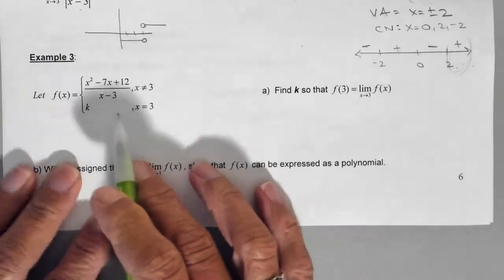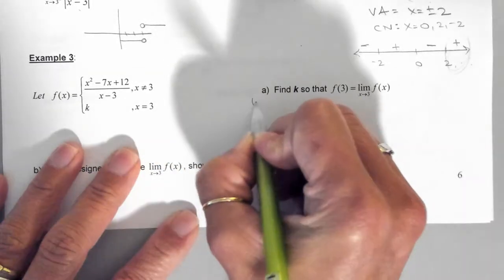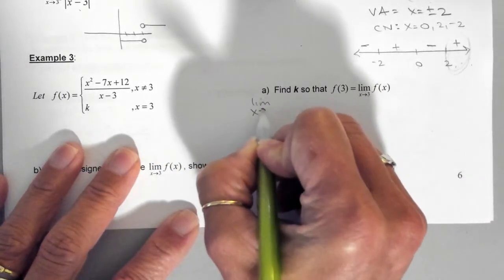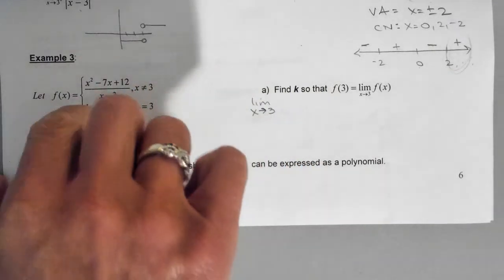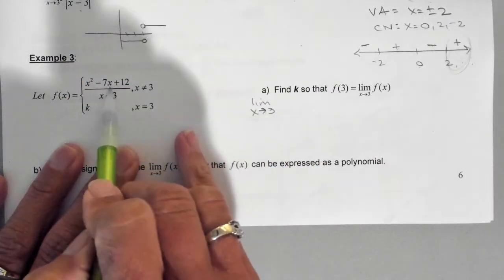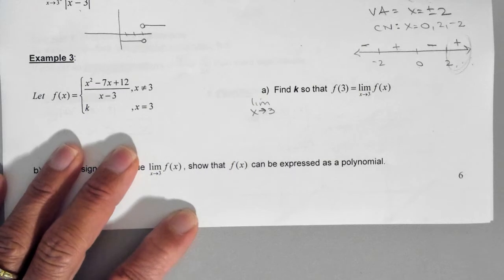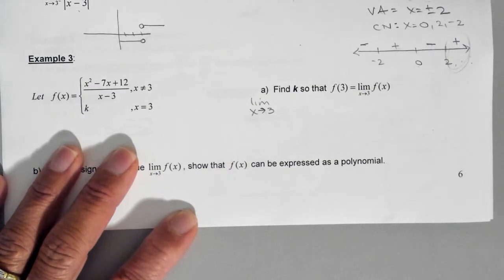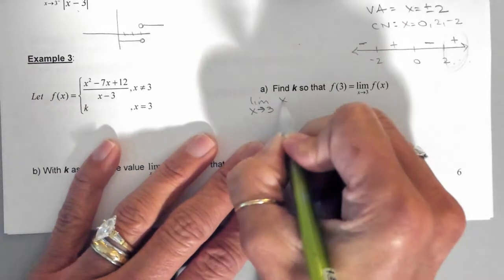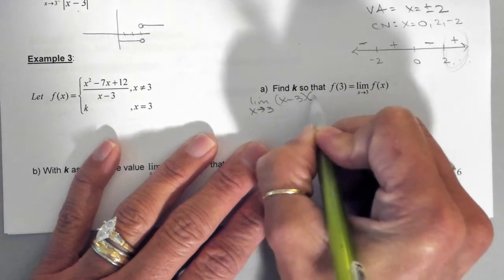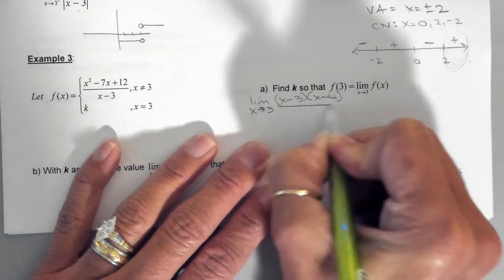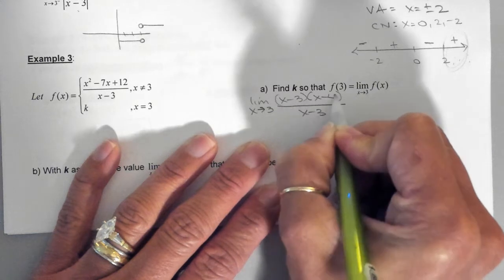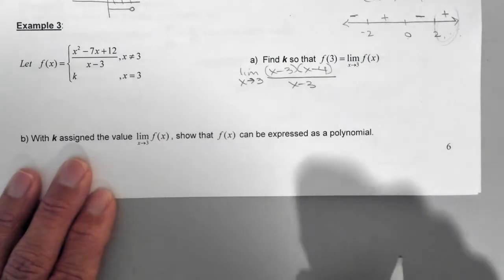So if I take a look at this function, the limit as x approaches 3 of the top function, I'm actually going to factor the numerator. What's the numerator factored? That's right, x minus 3, x minus 4. So tell me what's happening at x equals 3. What's happening there?